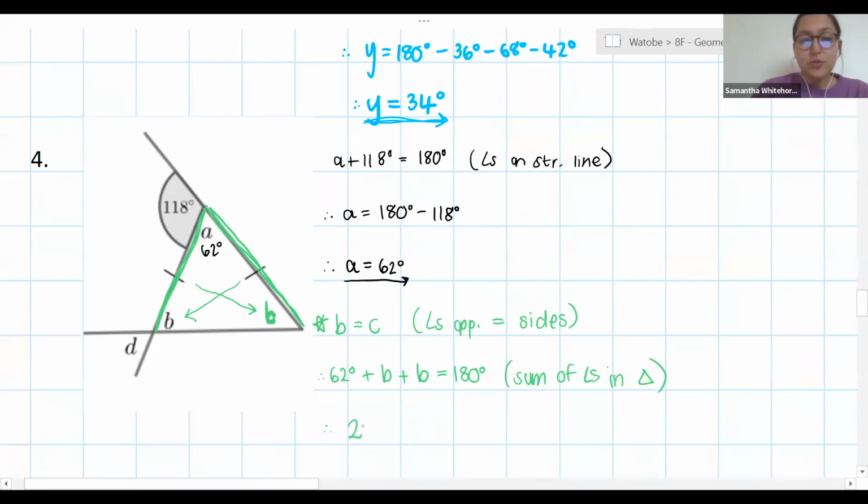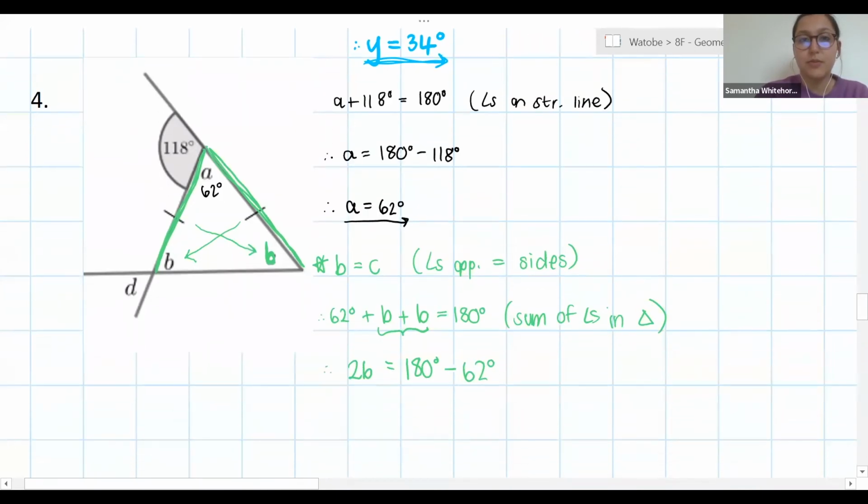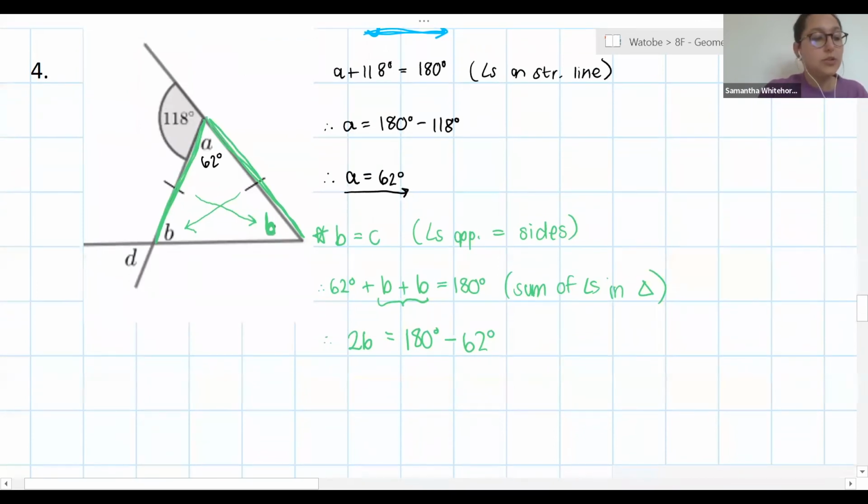So we've got 2b, because b plus b gives me 2b, is equal to 180 minus 62 degrees. So I'm using those inverse operations. 180 minus 62 degrees, we know gives us 118. So 2b is equal to 118 degrees.